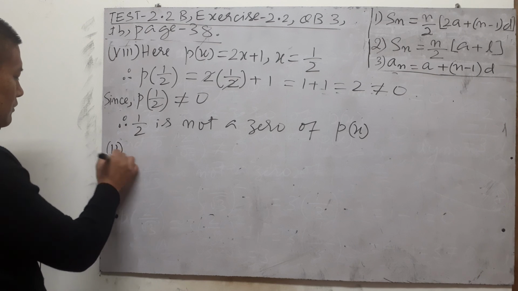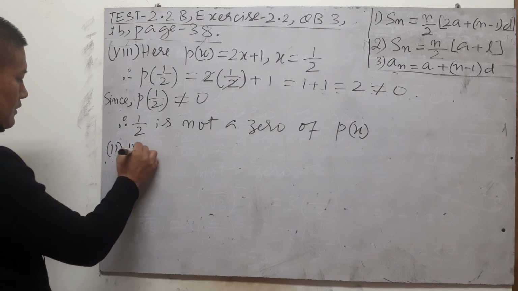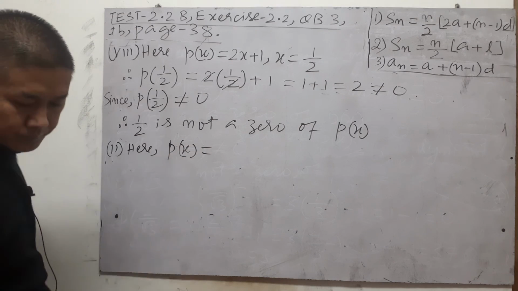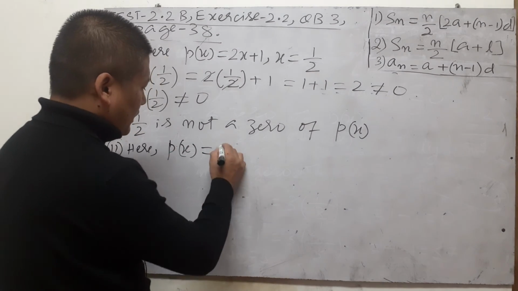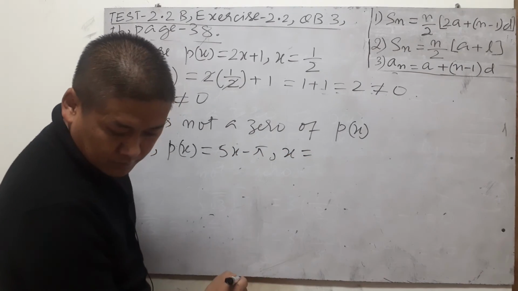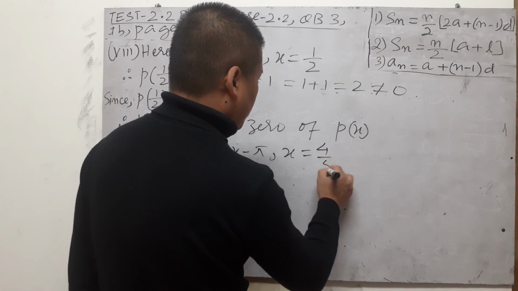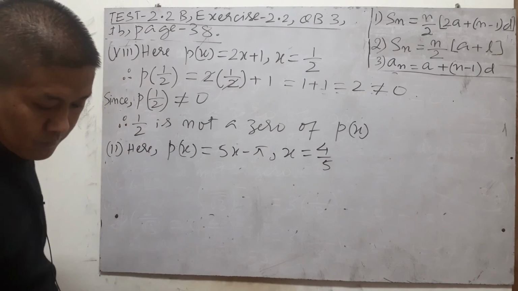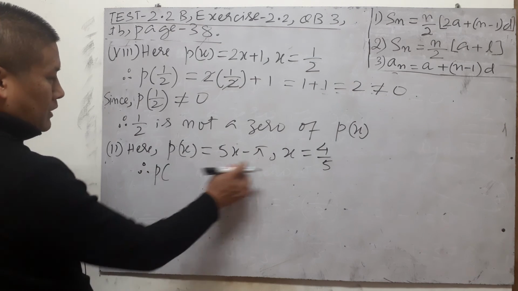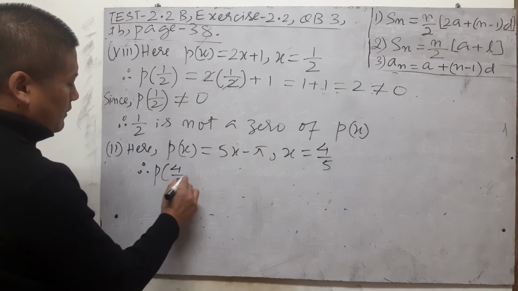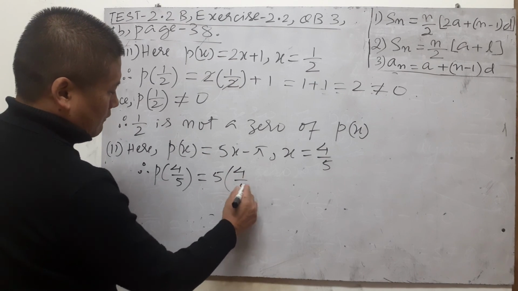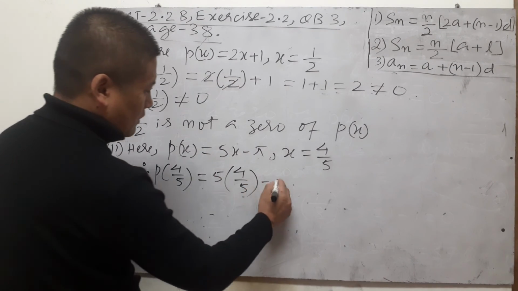So subheading 2. Here given to you is p of x equal to 5x minus pi, for a value of x equal to 4 by 5. Right, so therefore p of the particular x value 4 by 5 is 5 into 4 by 5 minus pi.